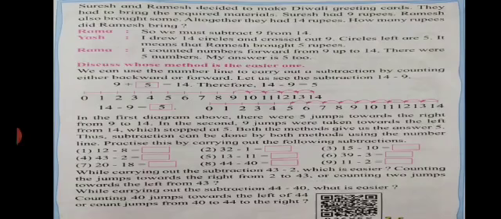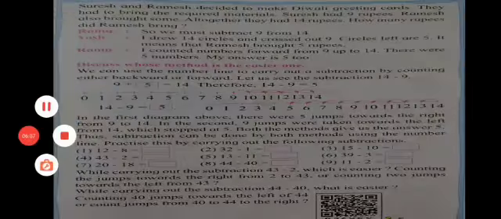So, 14 minus 9 is equal to 5. I drew 14 circles and crossed out 9. Circles left are 5. It means that Ramesh brought 5 rupees.